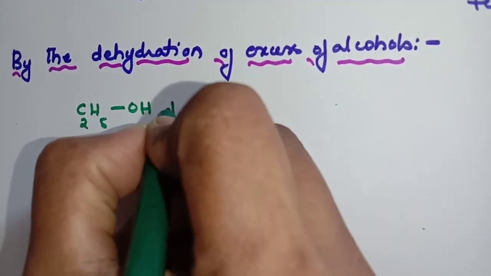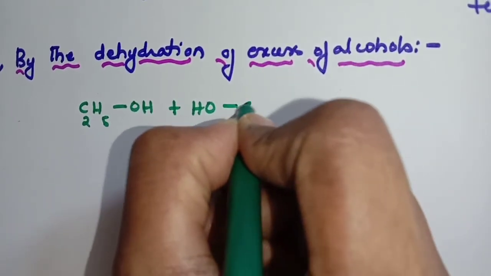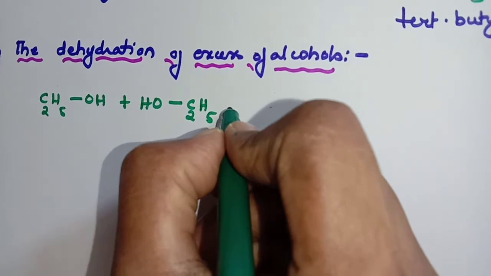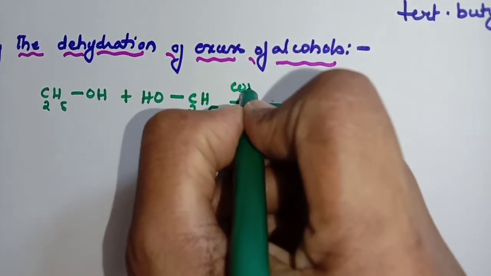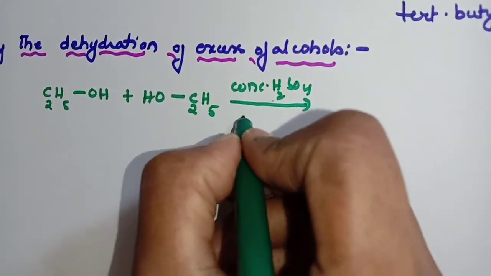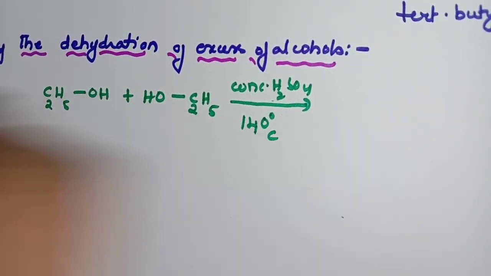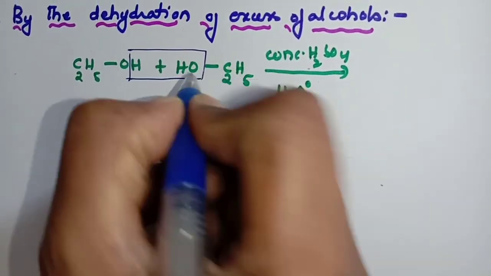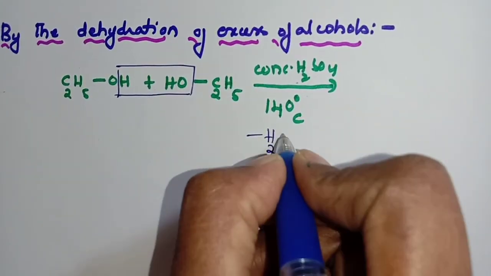C2H5OH plus C2H5OH, taking 2 molecules of ethyl alcohol in the presence of concentrated H2SO4 and heated up to 140 degrees centigrade. What happens? HOH comes out as minus H2O.